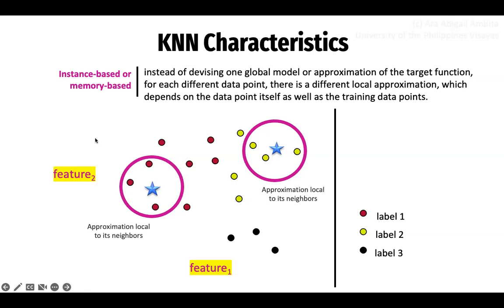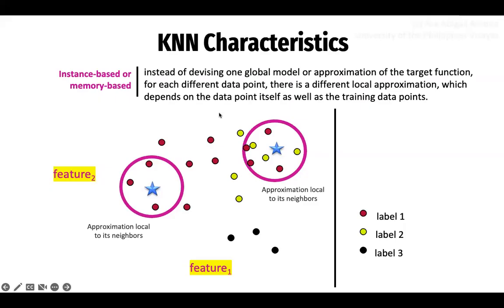For instance, if we wanted to classify the label of this point, then the approximation will be local to the neighbors that are close to it. And if you have another point here, the approximation will also be local to the points close to this.